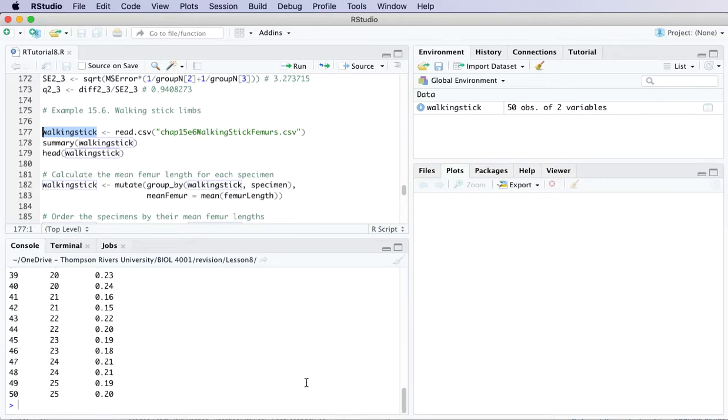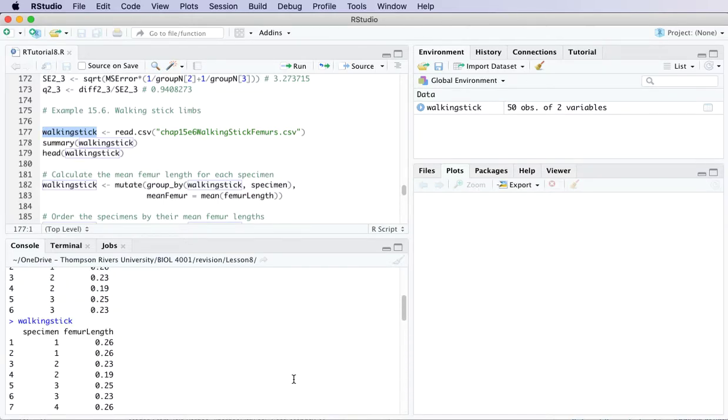So we've got 25 walking sticks, and the researchers measured the femur length by taking photographs of the walking sticks and then using those to measure the lengths of the femur, or I guess one of the femurs. And this study was set up so that for each walking stick, this measurement was done twice.